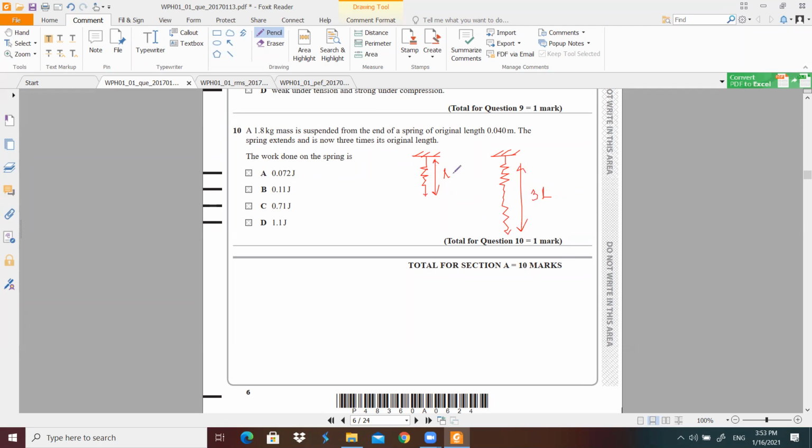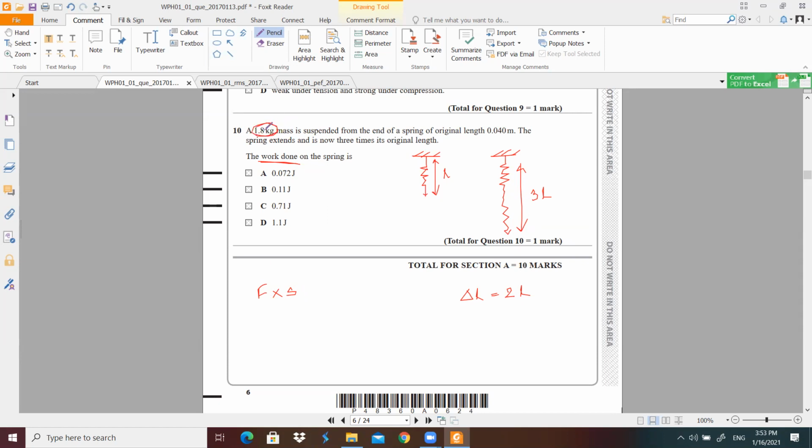Now if I ask you, what is the extension? Extension is always new length minus original length. So delta L, or the extension, is 3L minus L, as in twice L. And what is the question? The work done. Work done is always force times displacement. And what is the displacement? This twice L is the displacement because this twice L distance is moved by this force when you attach it.